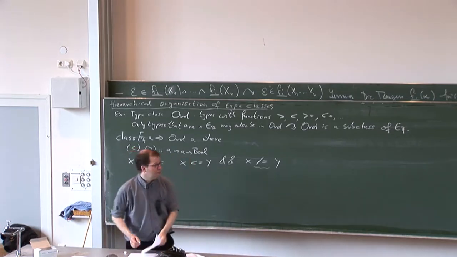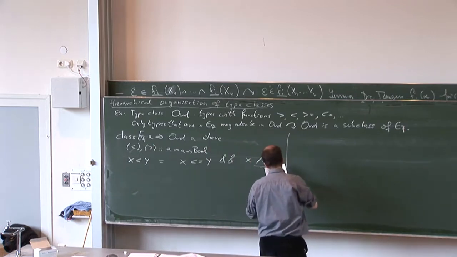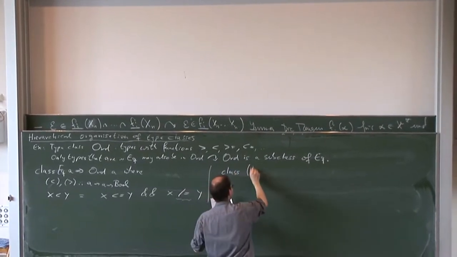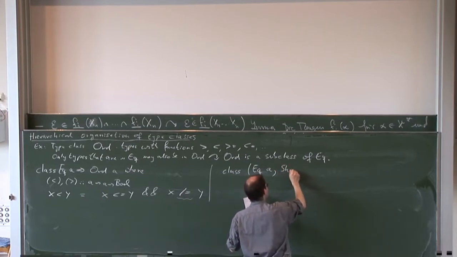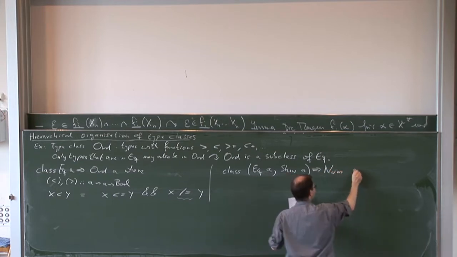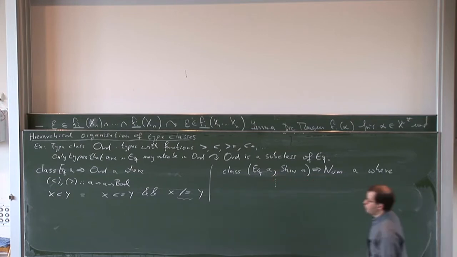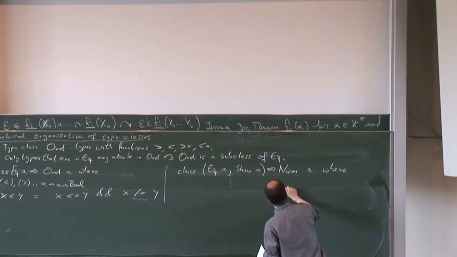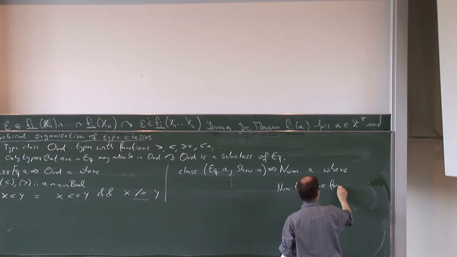And, well, in this way you have some further type classes. For example, there's another type class, Num, for numbers. This type class would look like this. So if a is a member of Eq and a is a member of Show, then probably a can also be a member of the type class Num. And this is the type class for numbers.